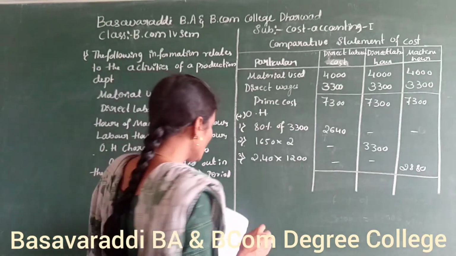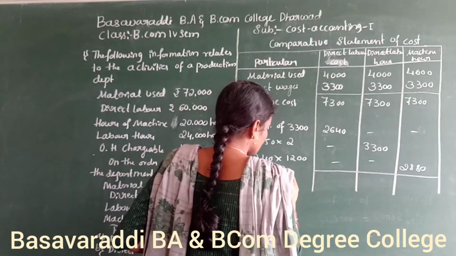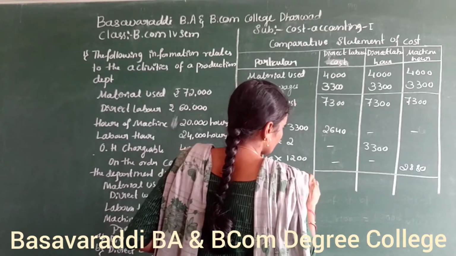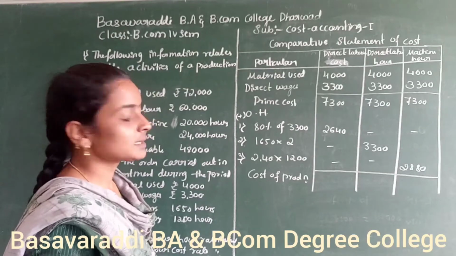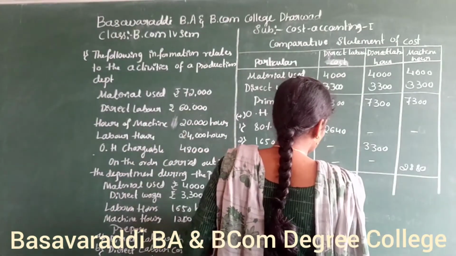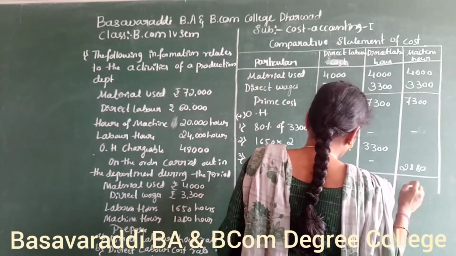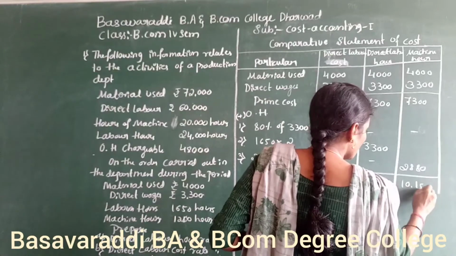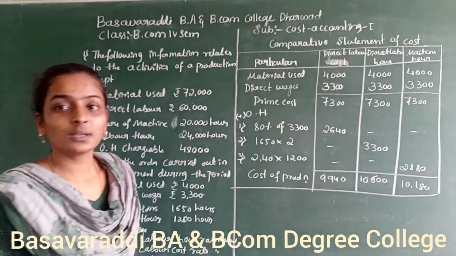Add these to the prime cost and we will get the cost of production. 7,300 plus 2,640 is 9,940. Here 10,600. Here 10,180. Okay, I hope you understood the problem.